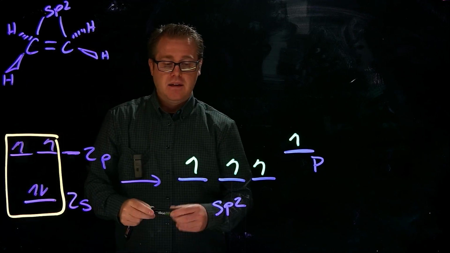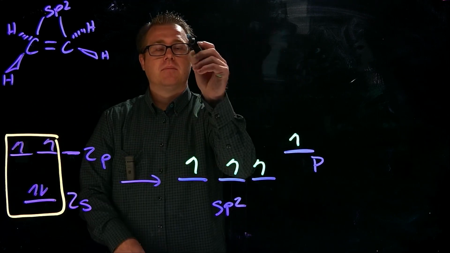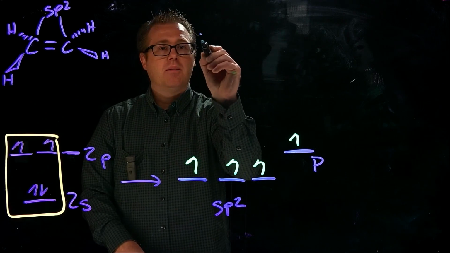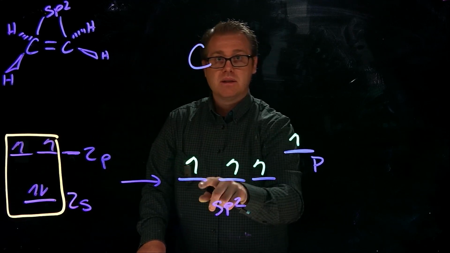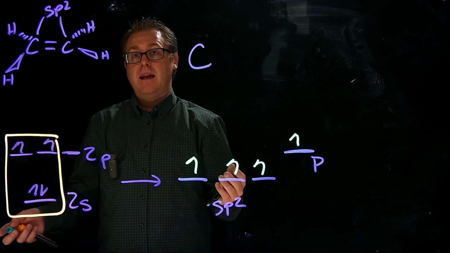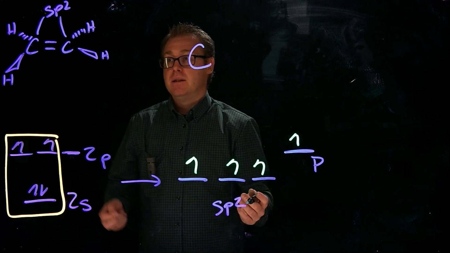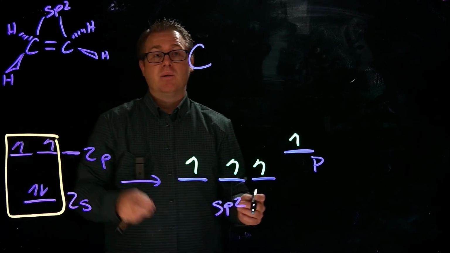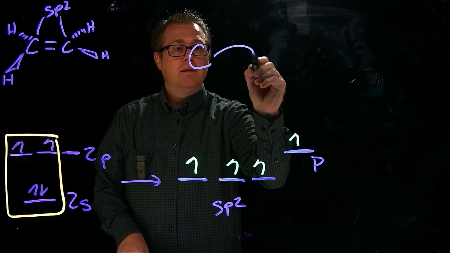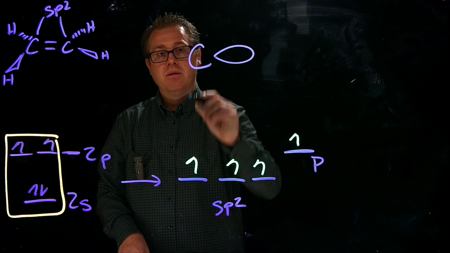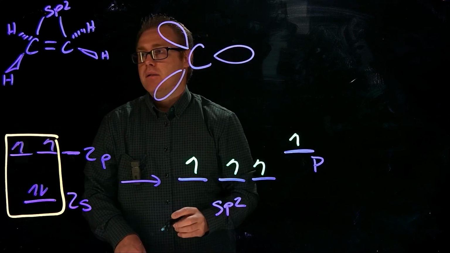That means that if I take that carbon and draw the carbon here, it's going to have 3 orbitals in the same plane, because it's sp2, so it's flat. So it's going to have 1 sp2 hybridized orbital there, 1 there, and 1 there.